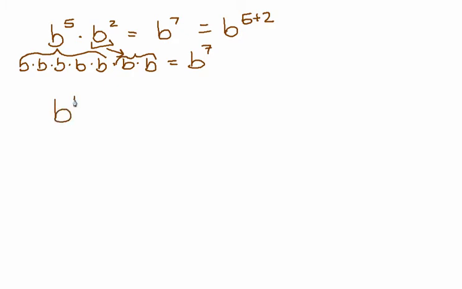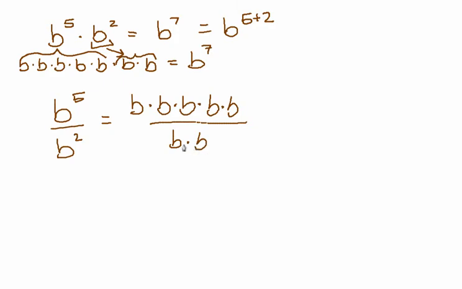Another thing you may remember is that b to the 5th divided by b squared comes out to be b cubed, because you have 5 b's multiplied together in the numerator, 2 multiplied together in the denominator. Well, 1 from the numerator and 1 from the denominator are going to cancel out because b divided by b is just 1. So you'll be left with b to the 3rd power. Now, what happens if the numerator's exponent is smaller than the denominator's exponent?